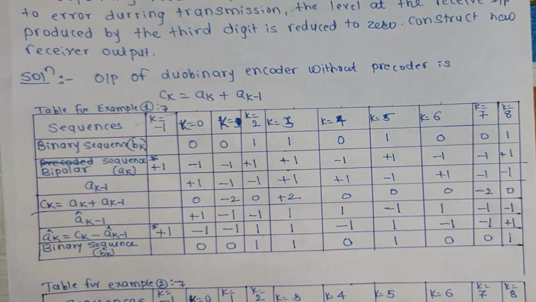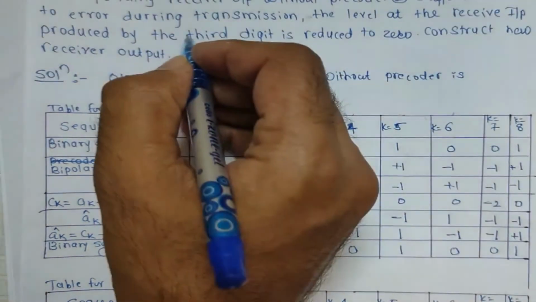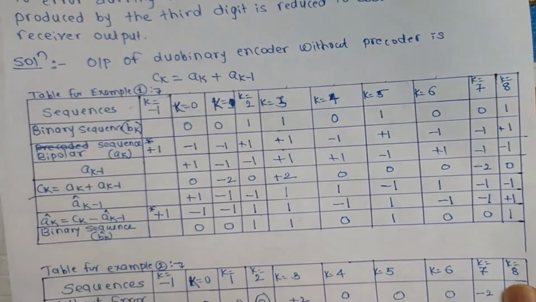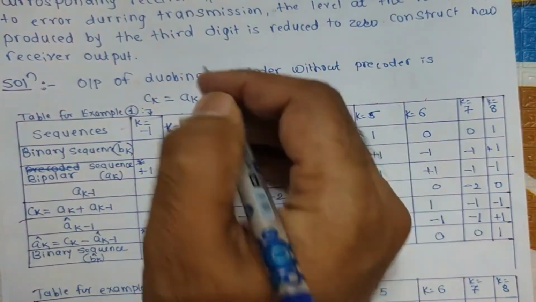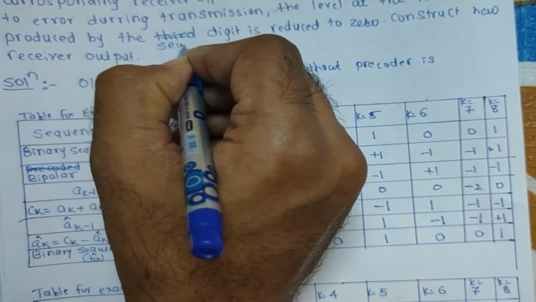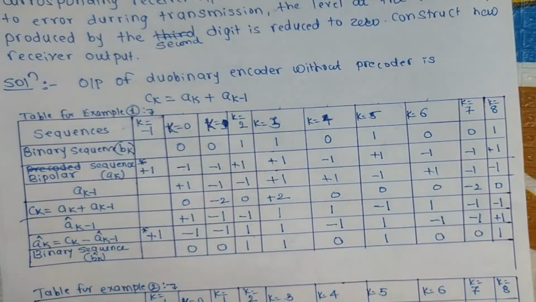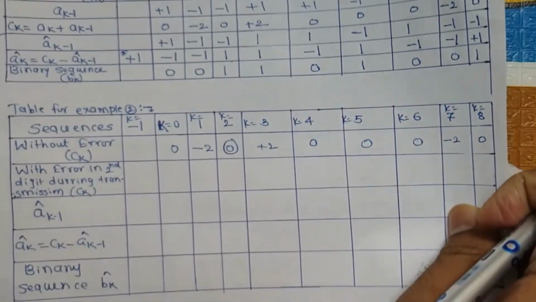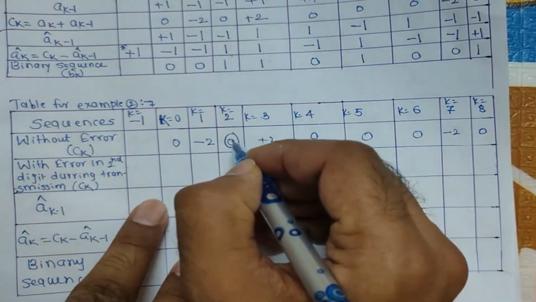So if the error is in the second digit, the 0 stays as it is.